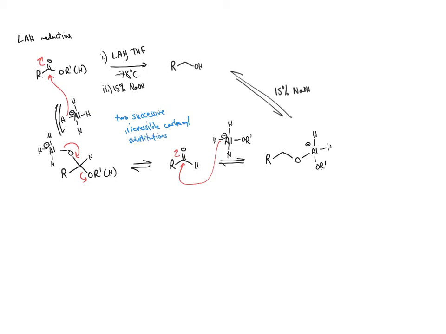And I say irreversible, and so I have to change my arrows here to indicate that this is only going in the forward direction. In that case, and also in this case down here.